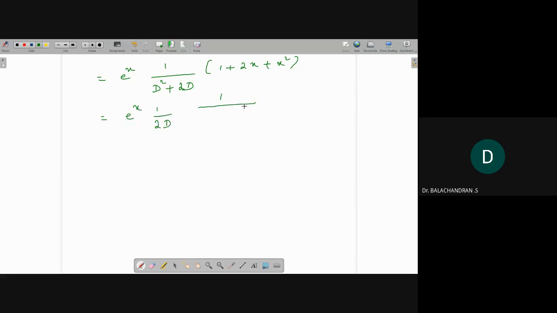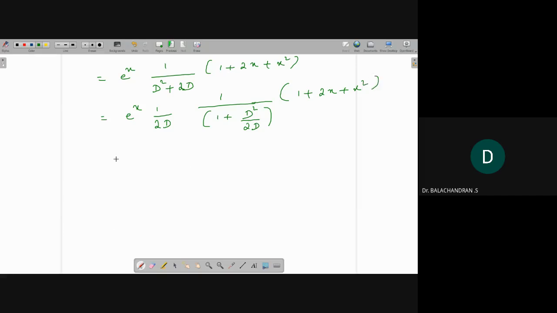So 1 divided by 1 plus D square divided by 2D into 1 plus 2x plus x square.